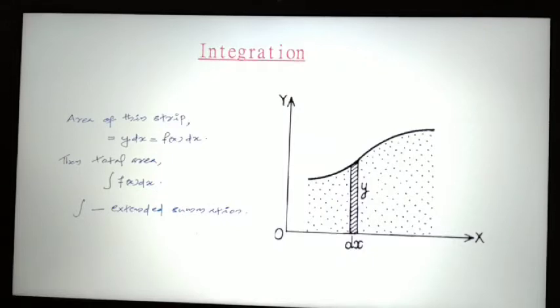So actually this means you are integrating f of x from where to where? x1 to x2.